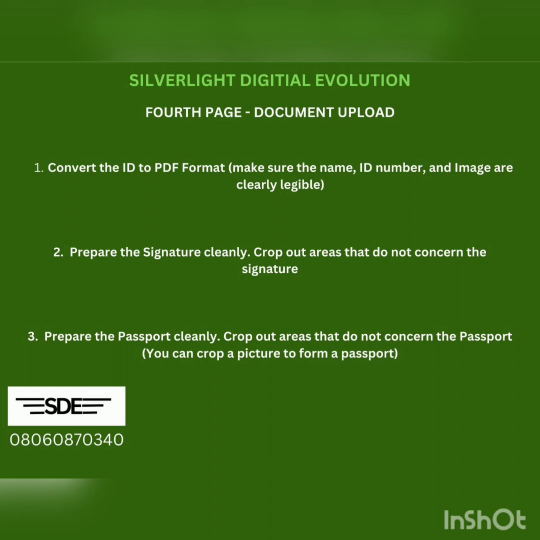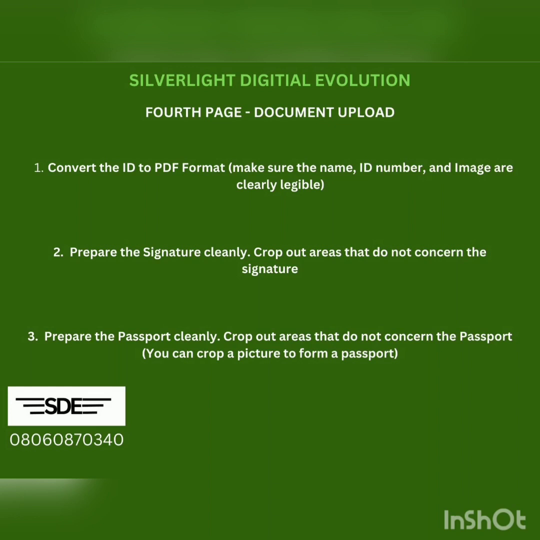And make sure the ID card is legible. Make sure that the names are readable, the ID number is readable. In case of NIN slip, make sure the NIN number is readable. Make sure the name of the person on the ID slip is very much readable. You make sure the picture is identifiable.